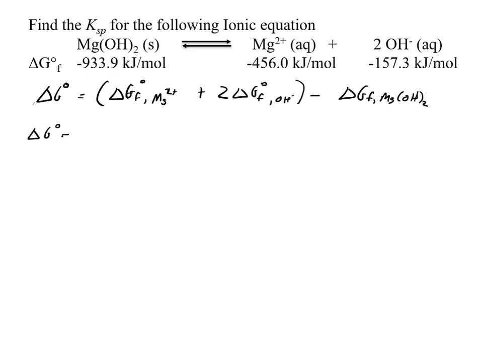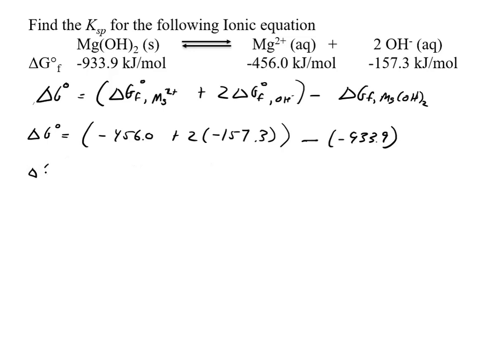So delta G naught is going to be a negative 456.0 plus 2 times a negative 157.3 minus a negative 933.9. So delta G naught is going to be a negative 770.6 plus 933.9. So delta G naught ends up being 163.3 kilojoules.